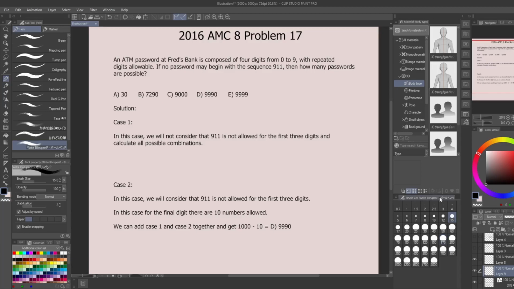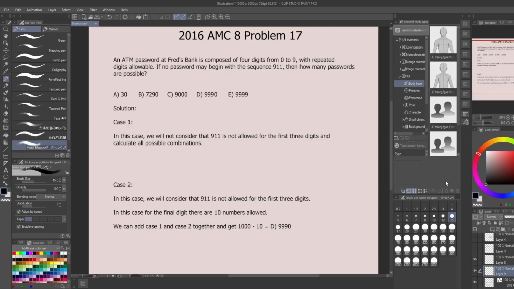A, 30, B, 7,290, C, 9,000, D, 9,990, and E, 9,999.